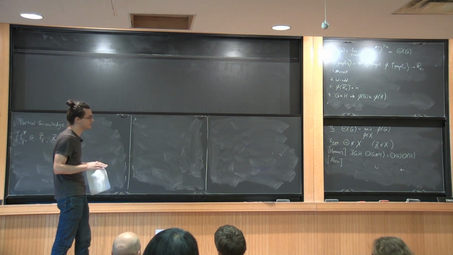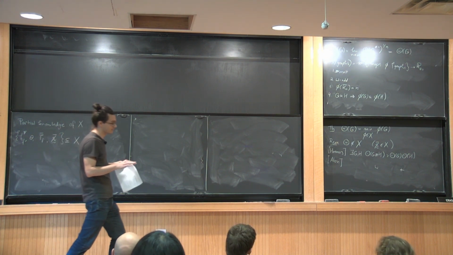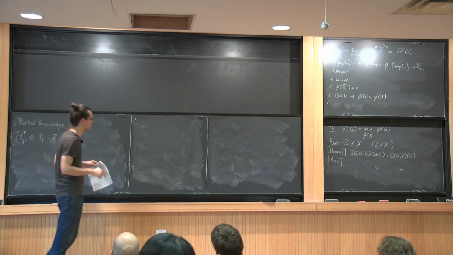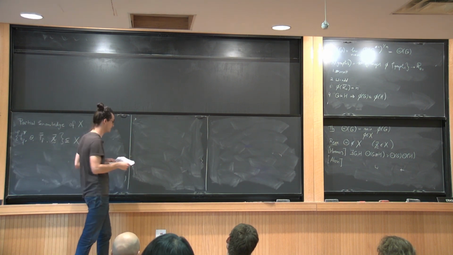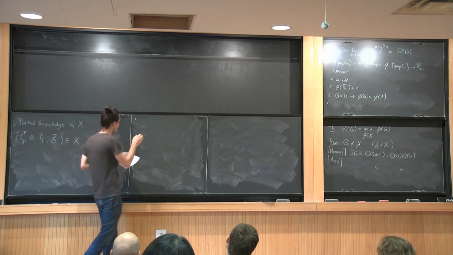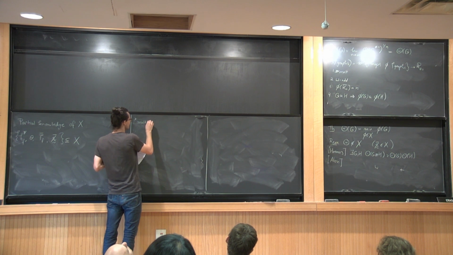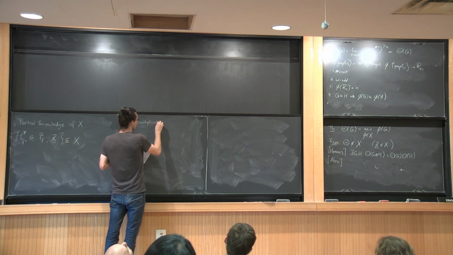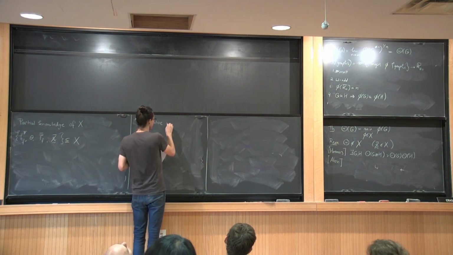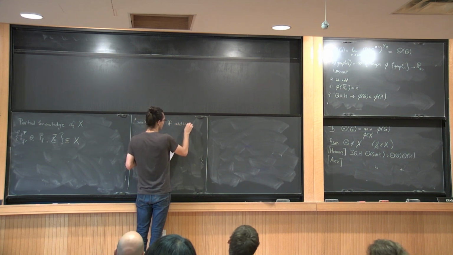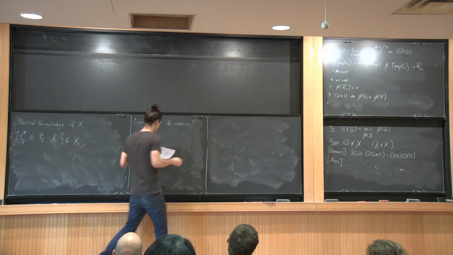So what's interesting is, it's true, we don't know what X is, but still we get some interesting consequences from the duality. And this one is one of them, saying that the Shannon capacity is multiplicative if and only if it's additive. So what do I mean by that?